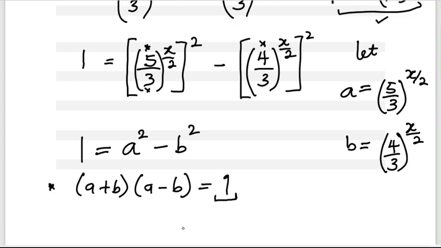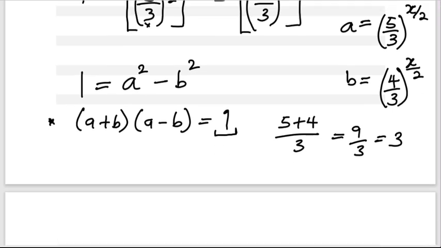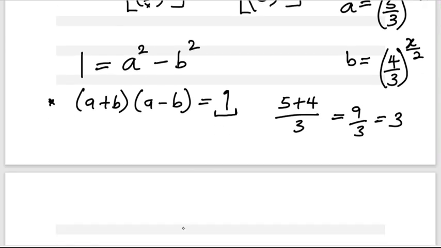So one of those numbers is going to be 5 plus 4 divided by 3, which will give us 9 over 3, and this is 3. So one of such numbers is going to be 3, and that already informs us what the other number will be. So 1 is simply going to be 3 times 1 over 3.